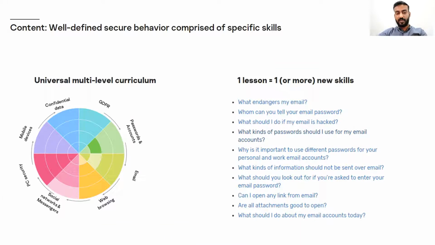The curriculum used in the system is universal. It includes a wide range of topics, including email security, password and accounts, GDPR, confidential data, web browsing, social networking, etc. There are different lessons which the user learns about.